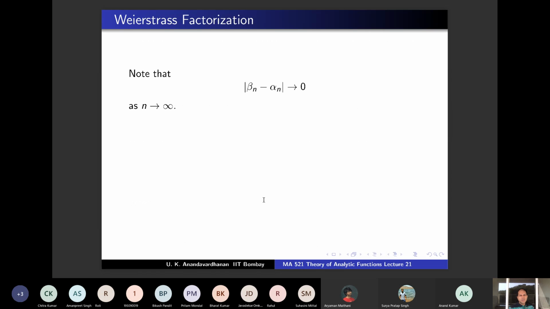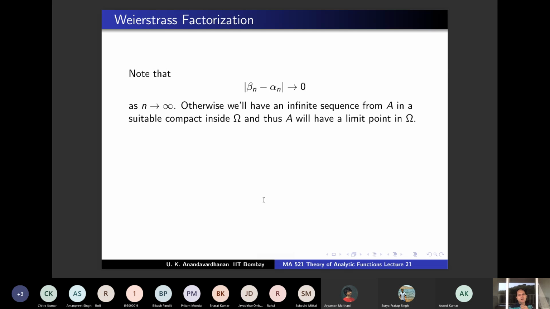So you conclude that this distance goes to 0 as n goes to infinity, because otherwise you will have an infinite sequence in some suitable compact set inside omega, and that will be a contradiction because then A will have a limit point. So this going to 0 is useful, and we are going to use it.